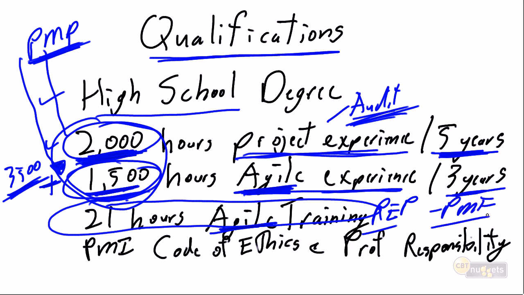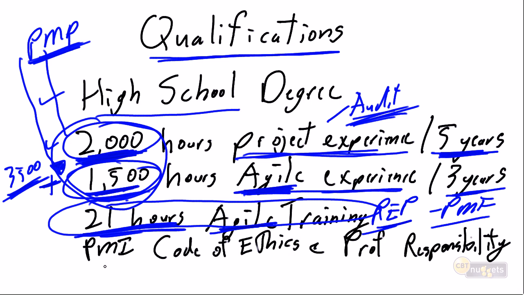So therefore, if you complete this entire Nugget series for your ACP preparation, you will in fact automatically have your 21 hours of Agile training, and therefore you can submit evidence of completing this Nugget series, being again CBT Nuggets is REP certified, so therefore you will automatically get credit for your 21 hours.